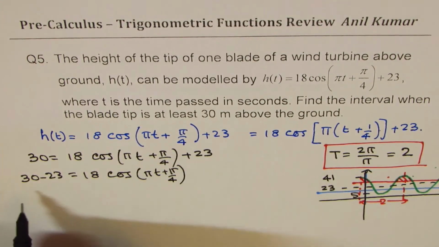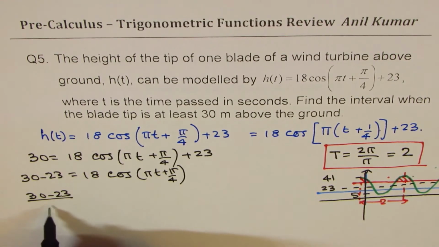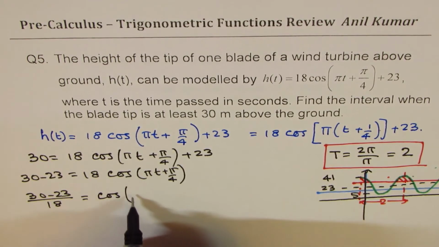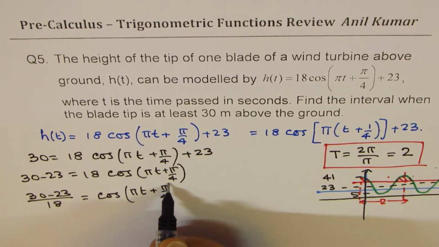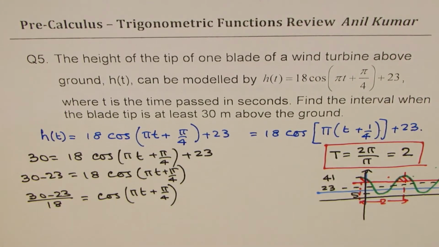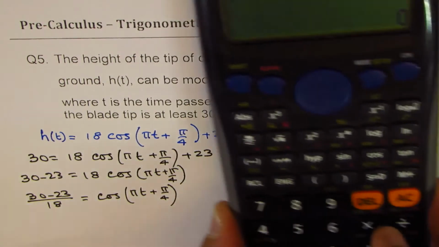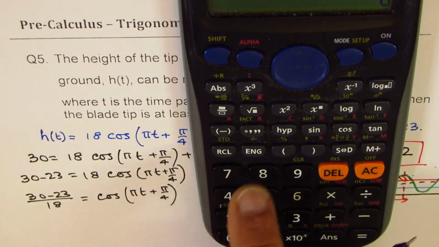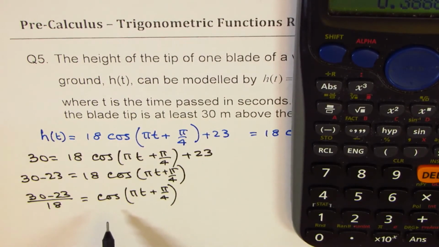So we have 30 minus 23, which is 7, divided by 18, equals cos of (pi t plus pi by 4). Is it okay? So let's calculate. Basically, we'll find the angle later. So we have 7 over 18, which is equal to some number.